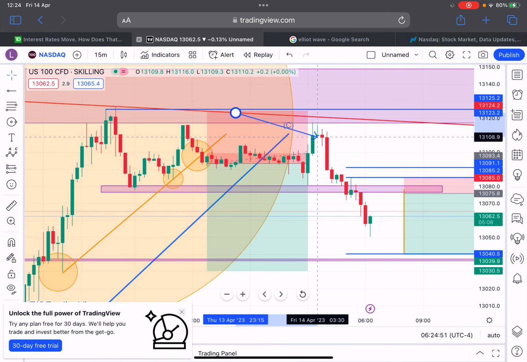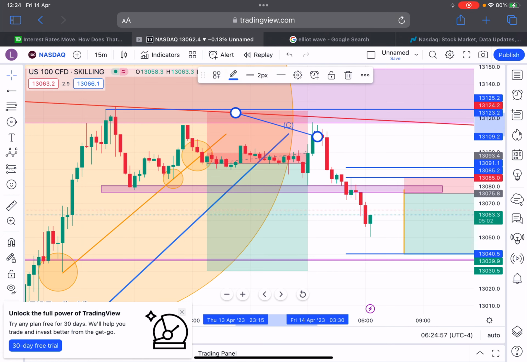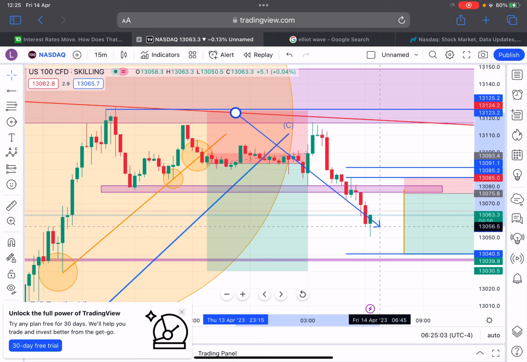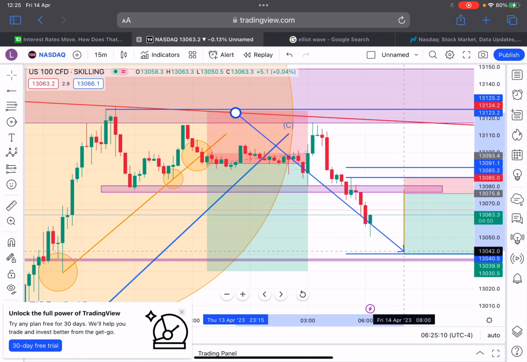Then there was a pullback here. Remember, it is M15, so there's no huge pullback, and then it goes down. I could be closing right now if I see my trade, or if I didn't, I could be holding until this touch 1 right here.